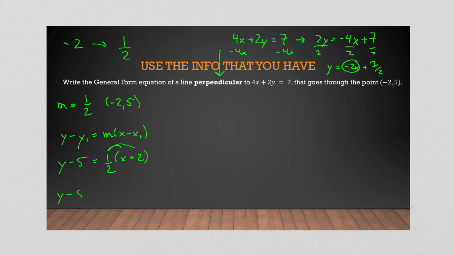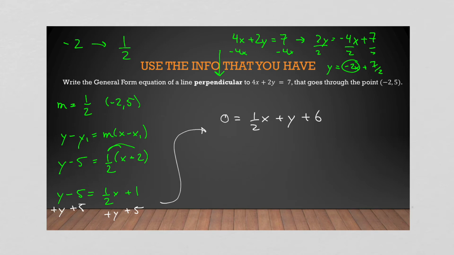So y minus 5 equals 1/2 x plus 1. And now I just have to do my algebra to get to general form. So everything's going to be on the same side, so let's go minus y plus 5 and minus y plus 5, because now everything's on the same side. I have 0 equals 1/2 x minus y plus 6.